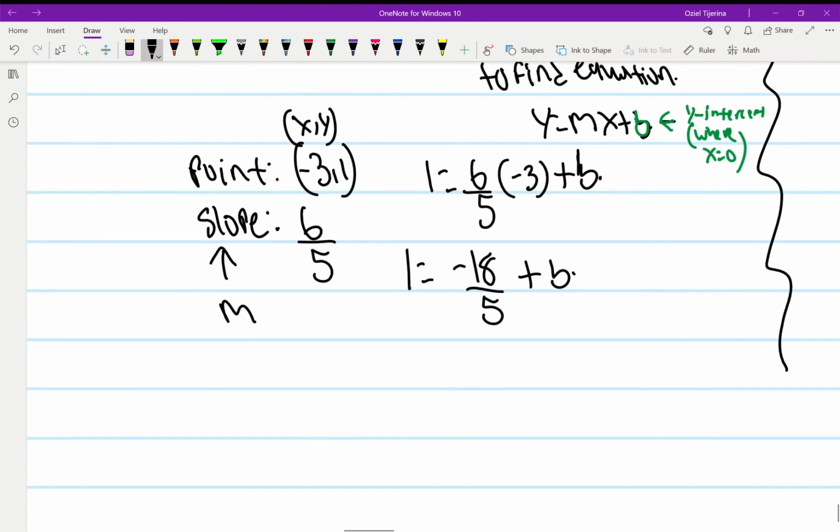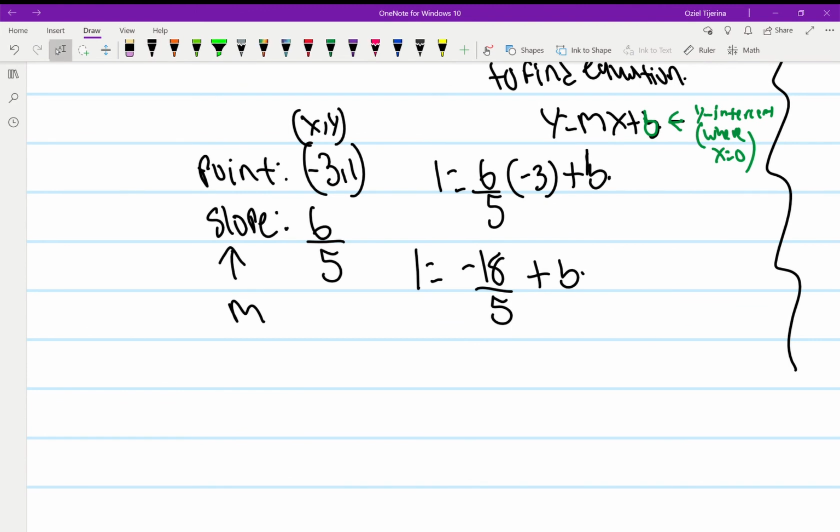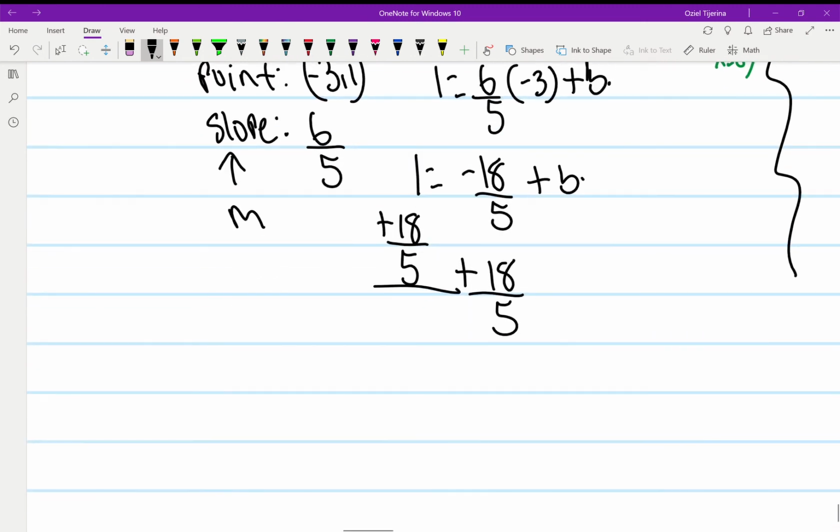But basically, to solve for b, you have to add 18/5 to each side, okay? It's kind of like a linear equation, if you think about it. So then you have 1 plus 18/5. That's kind of how you do it, okay? And that's equal to b.